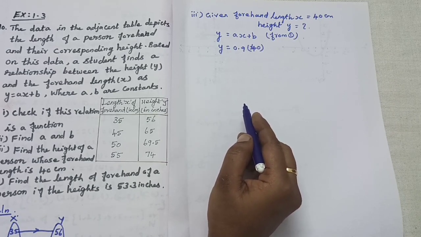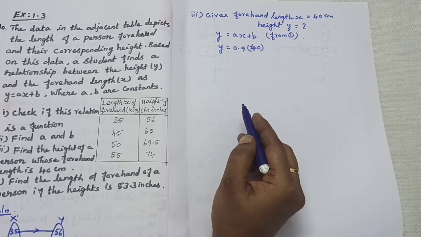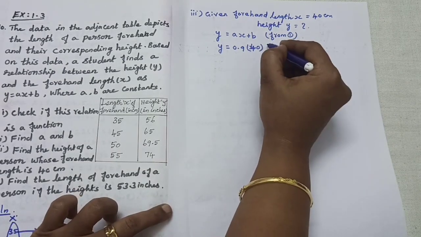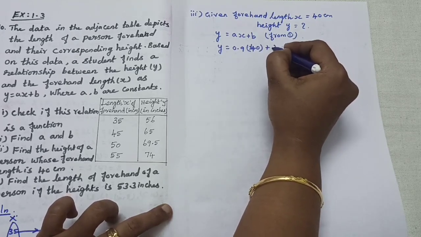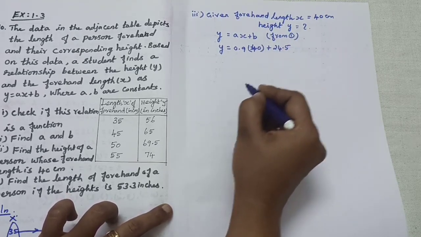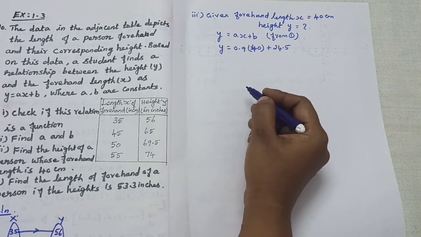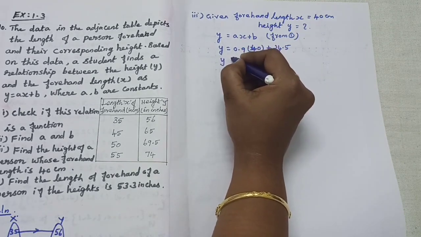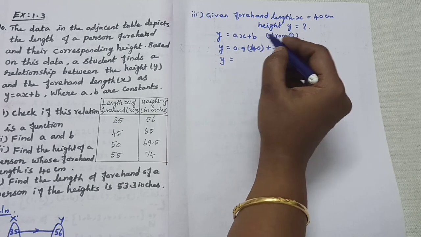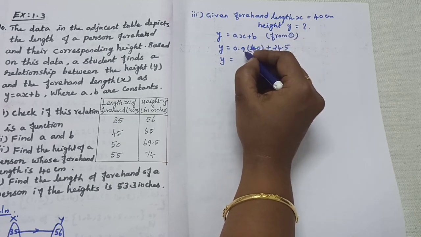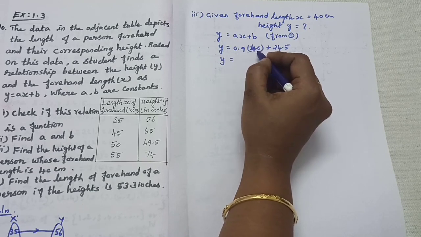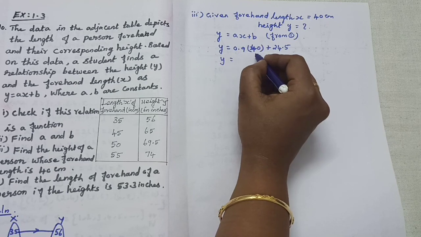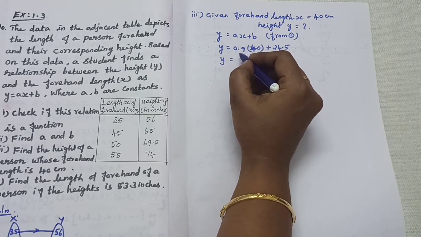Then we have to find the height. Then plus b. What's the value of b? 24.5, isn't it? Then y, the height of a person we want to find, is equal to 0.9 into 40. If you multiply this, 9 4s are 36, isn't it? One zero we have to add, then one decimal before we have to put the point.